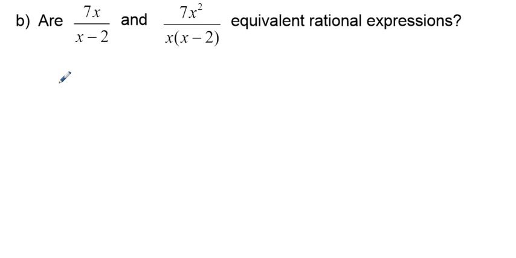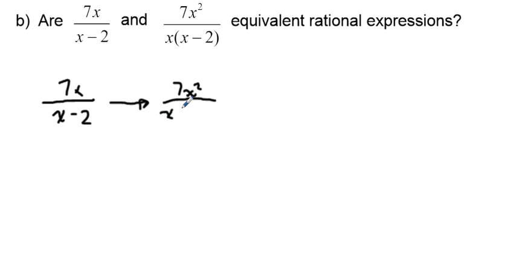If I compare these two, and I start with 7x over x minus 2, I'd like to see if there's some way that I can get from there to here by using the same value in both cases, both top and bottom.